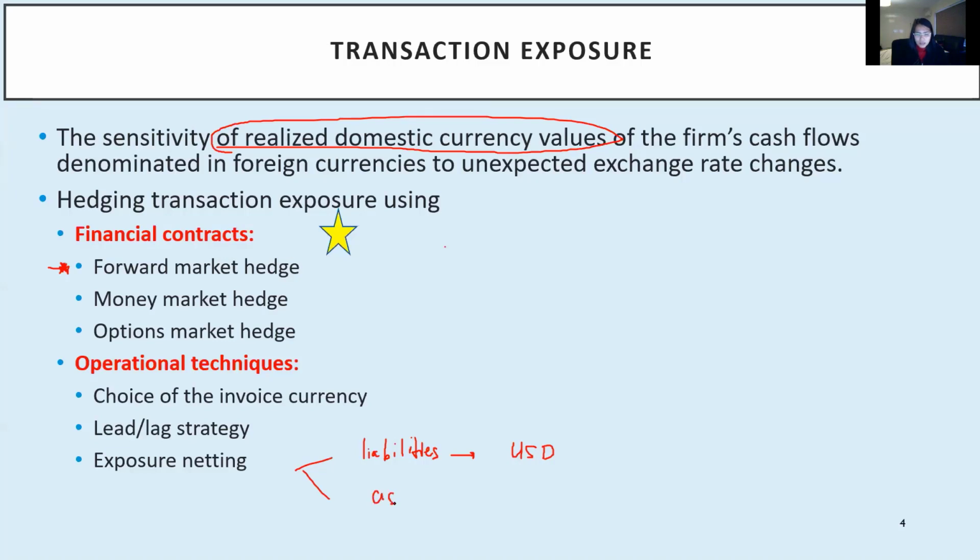So on the asset side, I'm going to have an exposure in the USD as well, so that these two exposures can net each other out, okay? So I'm going to try to meet a USD obligation using a USD receipt, okay?